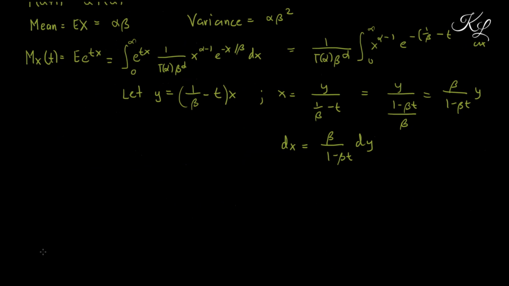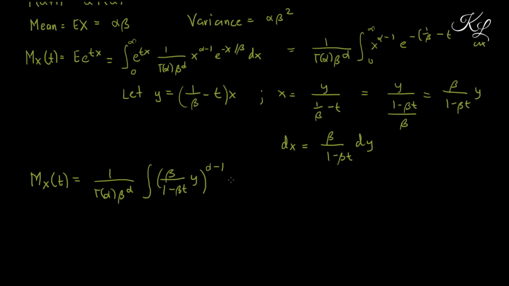Now let's do the transformation. Let me move this one a little bit. Our moment generating function is this constant. Then we'll have integral of, for x, we're gonna use this one. Raised to alpha minus 1.